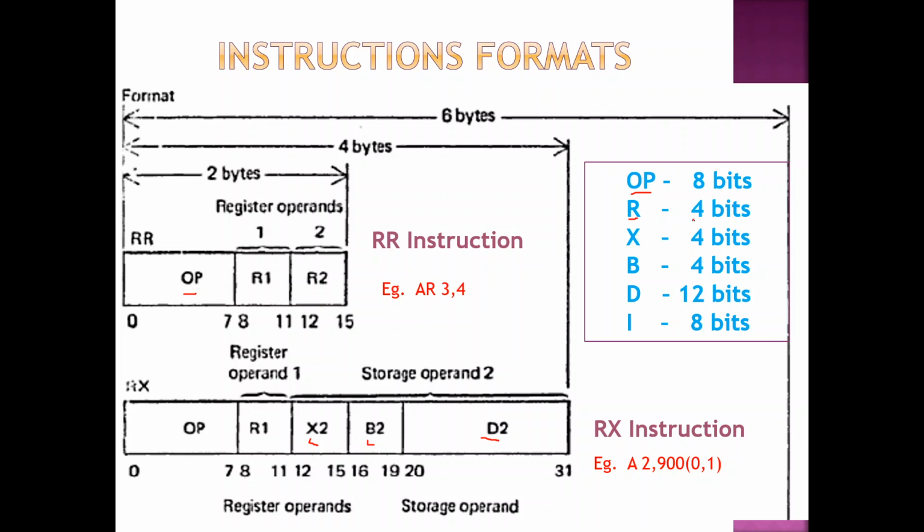X here means the index register. R is a normal general purpose register, and this is also a general purpose register, but used as an index register. So whenever there is X, it's your index register, again 4 bits, because it is only going to be a register between 0 and 15.